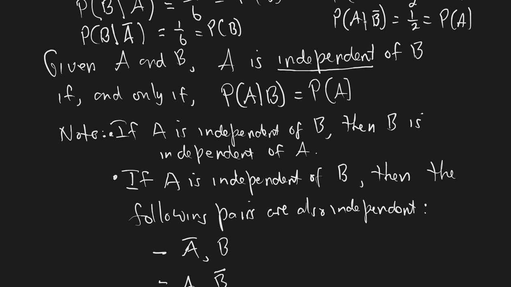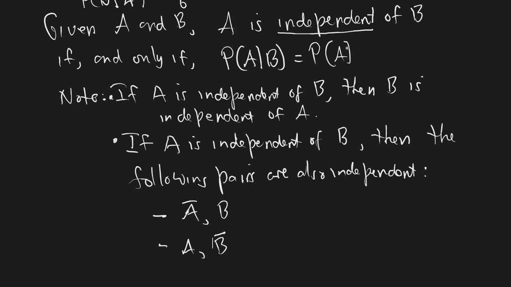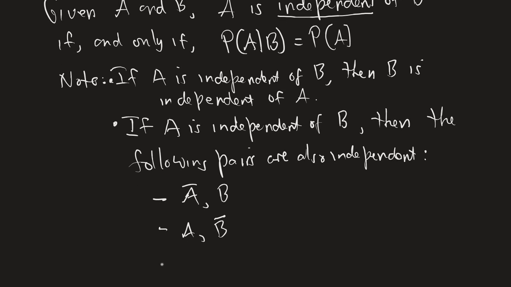But the fact that conditional on B not occurring, the probability of A stays the same as it was before we got that added information, then it means that these two are independent. And then also it turns out that A complement and B complement are also independent, right?